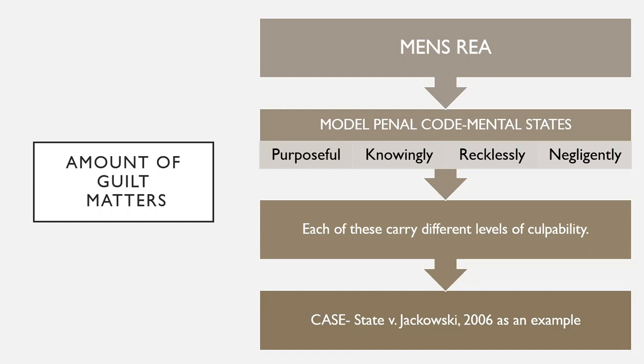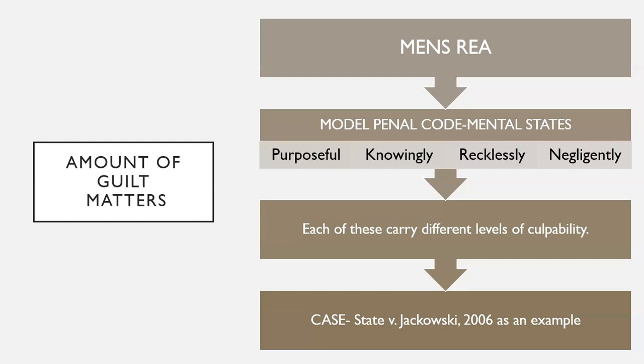It looks like this. The amount of guilt matters, okay? Your mens rea using the model penal code is going to break out into 4 categories. We've got the category of purposeful, knowingly, recklessly, negligently, understanding that each of these categories carries a different level of culpability, right?